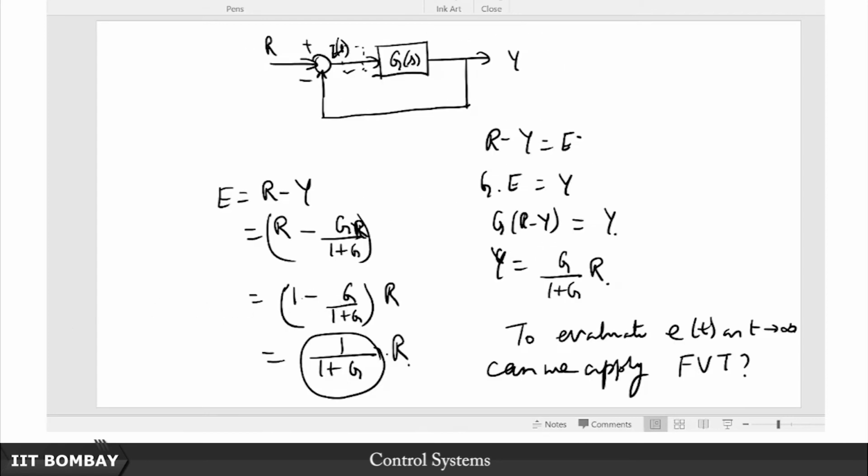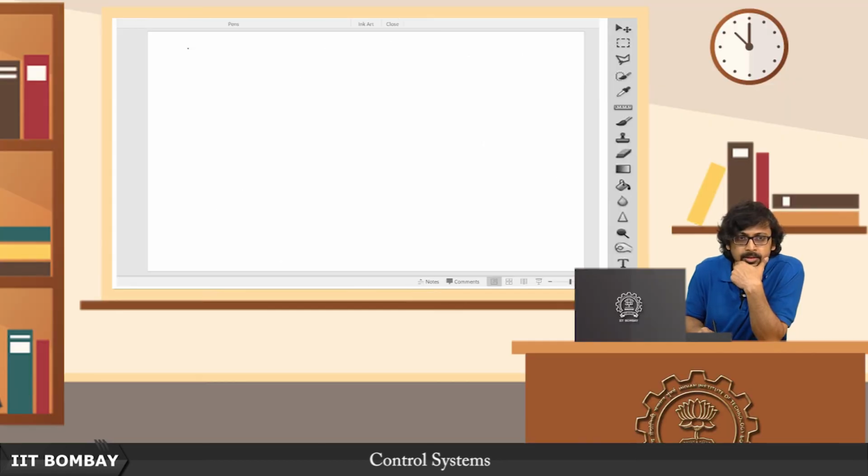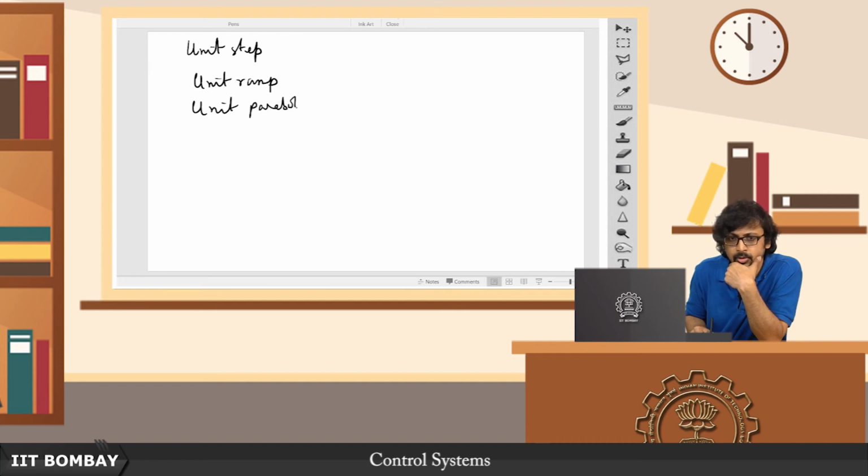which is that we want to study 3 particular test cases. So what are basically those test cases? We have the unit step, the unit ramp and the unit parabola.